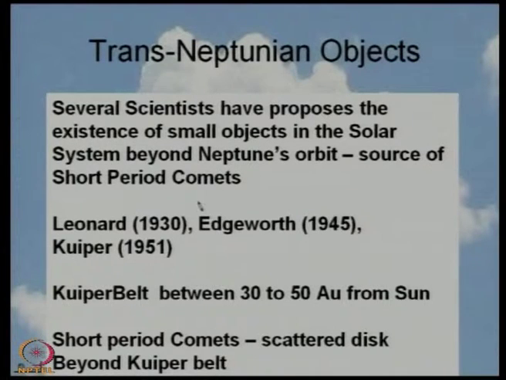But now it is believed that these are not possibly the sources of short period comets. These objects are in stable orbit, are believed to be in stable orbit.